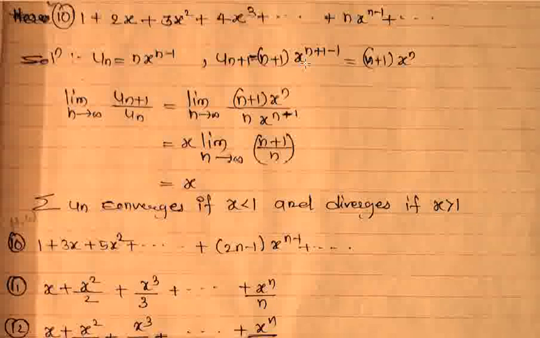Limit as n tends to infinity. Include this in the denominator, move the x by 2 out. This becomes x by 2. If x by 2 is greater than 1, then un is divergent; x by 2 is less than 1, sum of un is convergent; x by 2 is 1, x is 2, then the test fails.